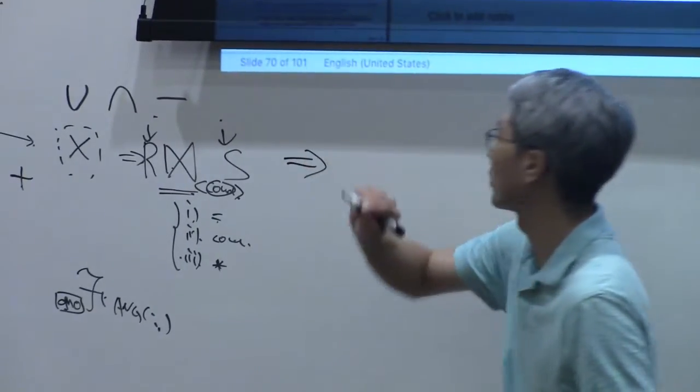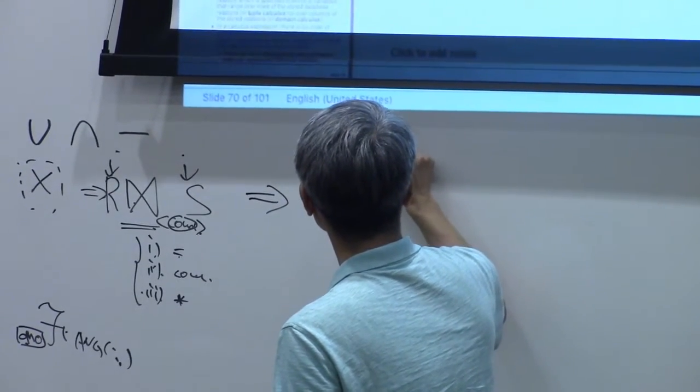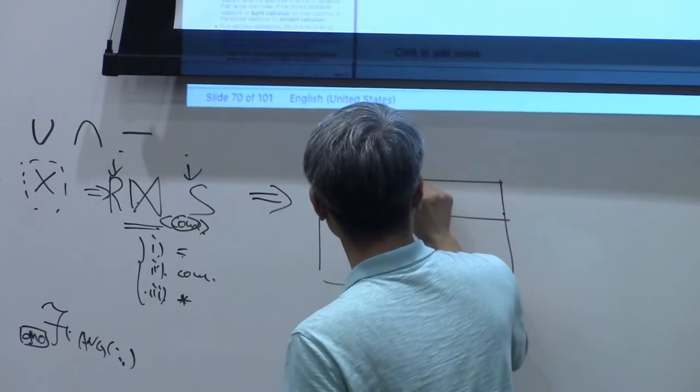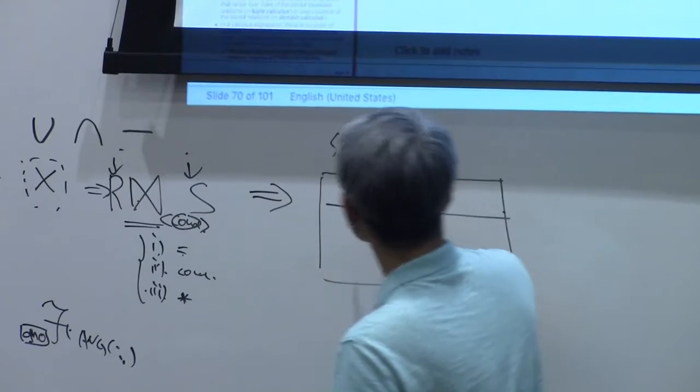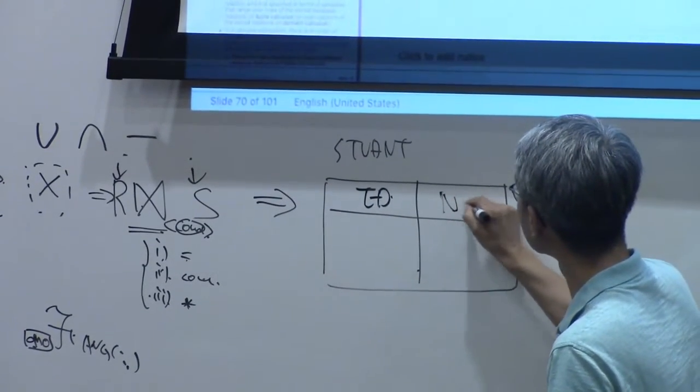One more thing for the join operation. So let's say that we have the student relation with ID and name.